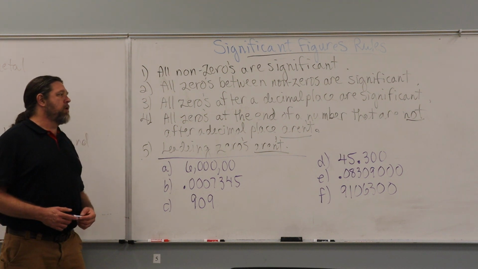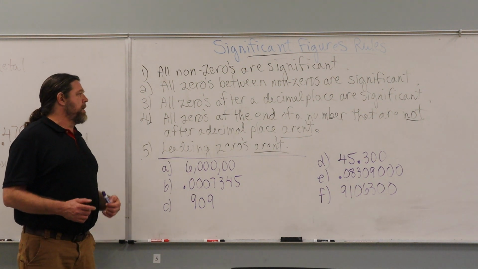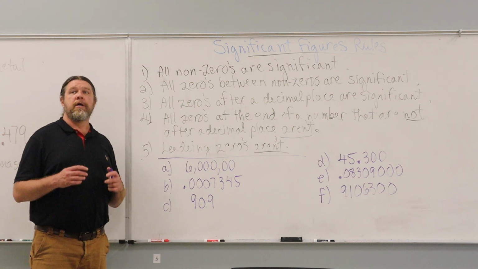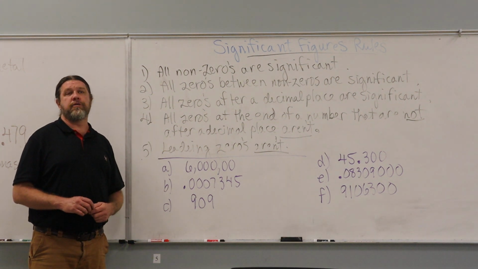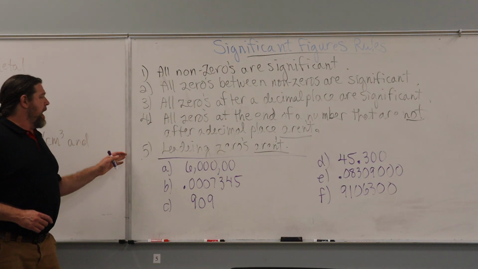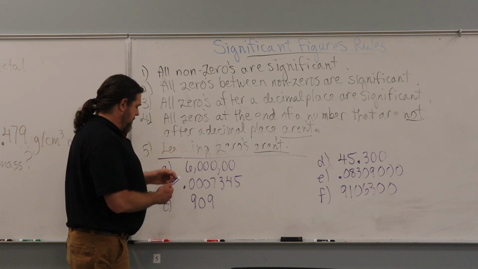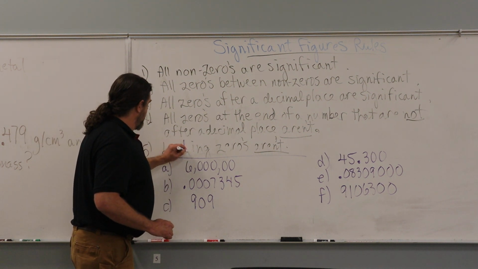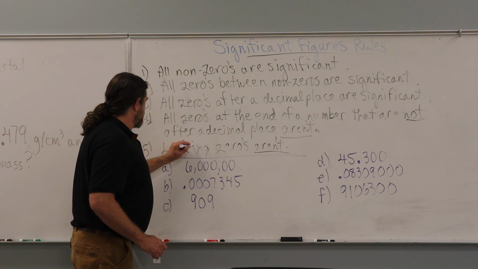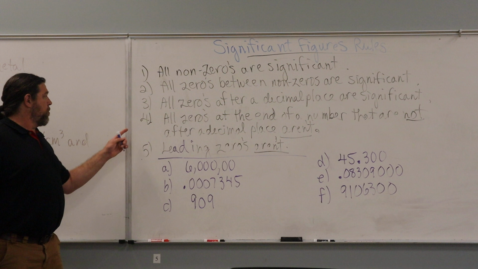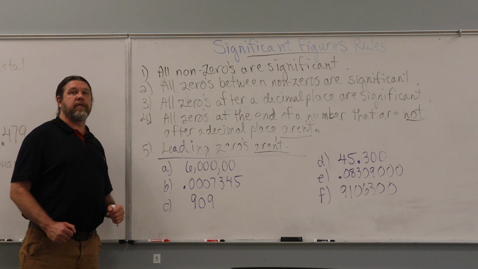However, zeros at the end of a number that are not explicitly after a decimal place generally are not considered significant. And leading zeros, L-E-A-D-I-N-G, are not significant.